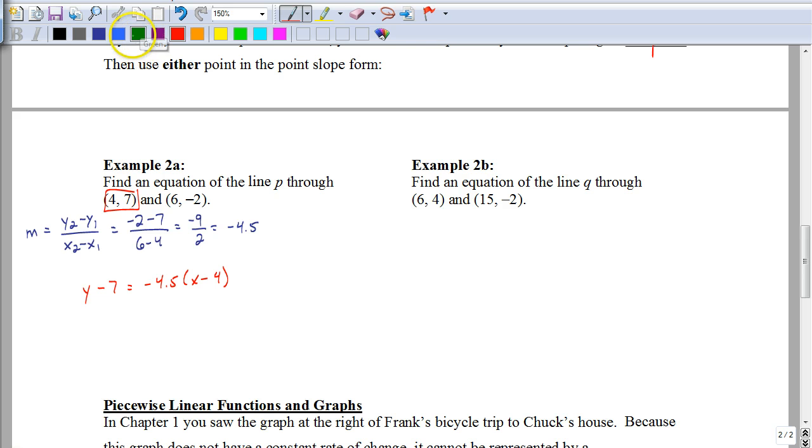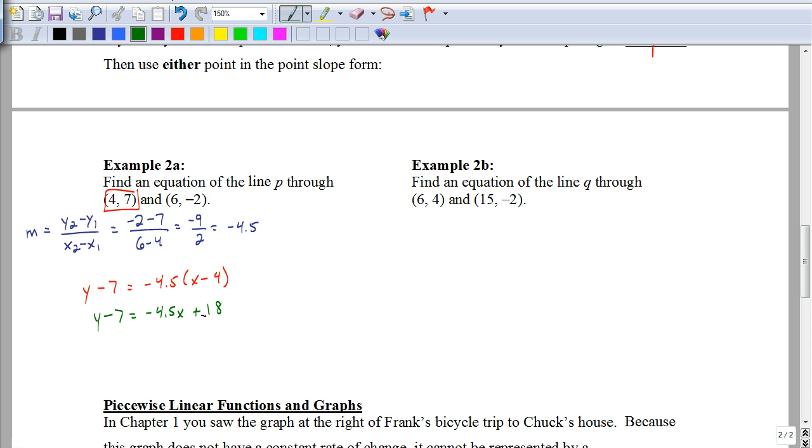Distribute the 4.5 through. So it's going to be y minus 7 equals negative 4.5x. Negative 4.5 times negative 4 is going to be, let's see, that'd be a positive 18.